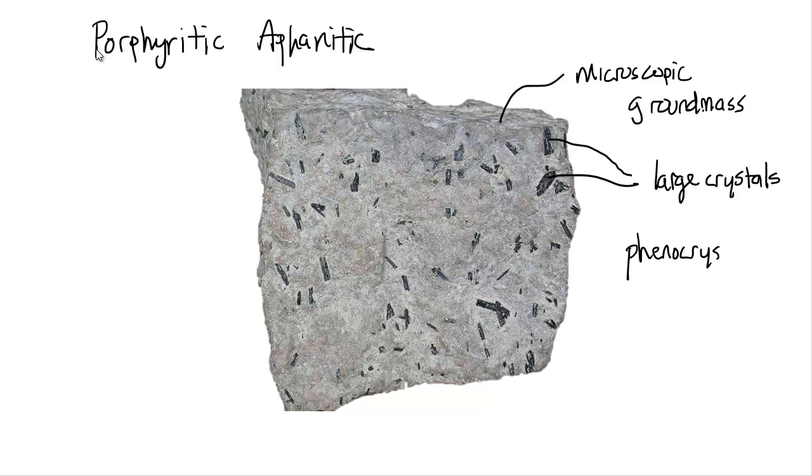So the porphyritic texture is characterized by a few large phenocryst crystals in a sea of microscopic ground mass crystals. And the question is then, how does this form? Because this is actually by far the most common texture of volcanic rocks.